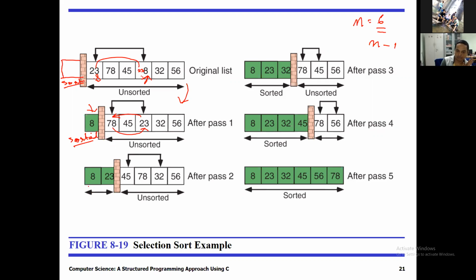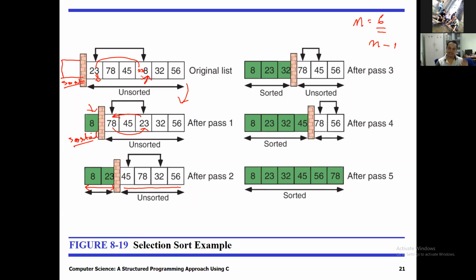So now the sorted part contains 8 and 23. Out of the 6, there are 2 elements in the sorted part, so the remaining n minus 2, that is 4 elements, are in the unsorted part.